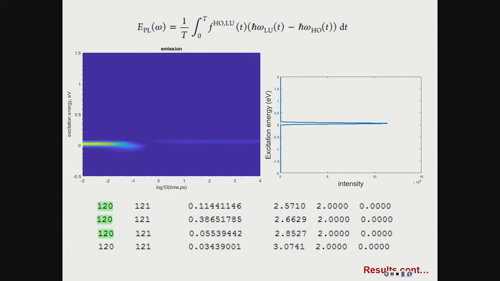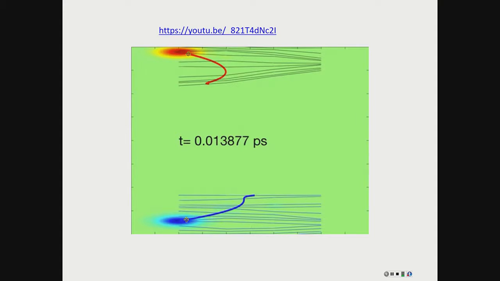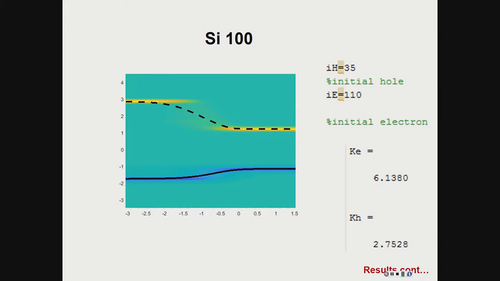Okay, now this is photoluminescence. Can you go back? This one? Maybe one more back, because it has labels. So what is the lowest excitation energy your system is reaching along this dynamics?